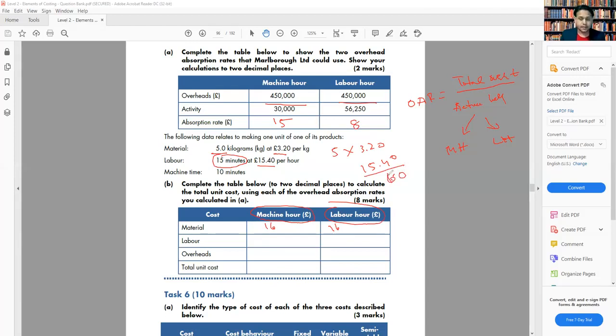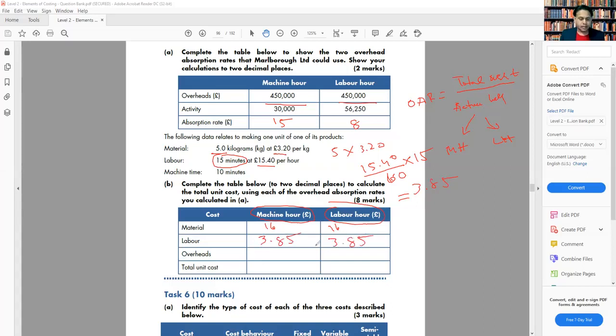If I divide that, that gives me per minute. If I multiply by 15, that will give me for the 15 minutes. So 15.40 divided by 60, times 15, that gives 3.85.